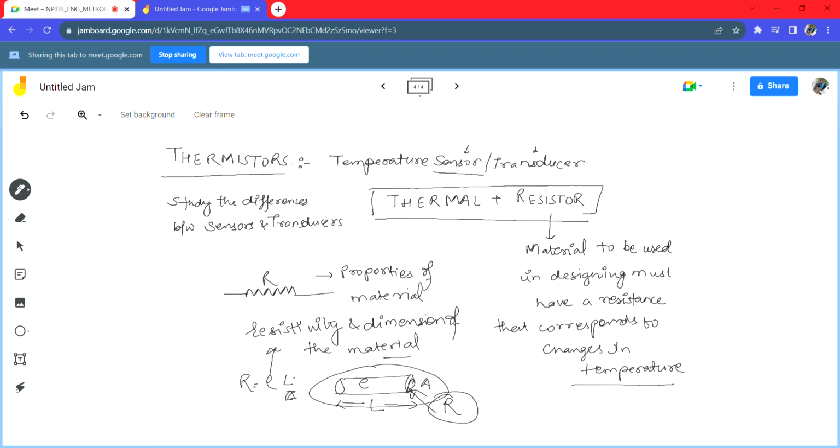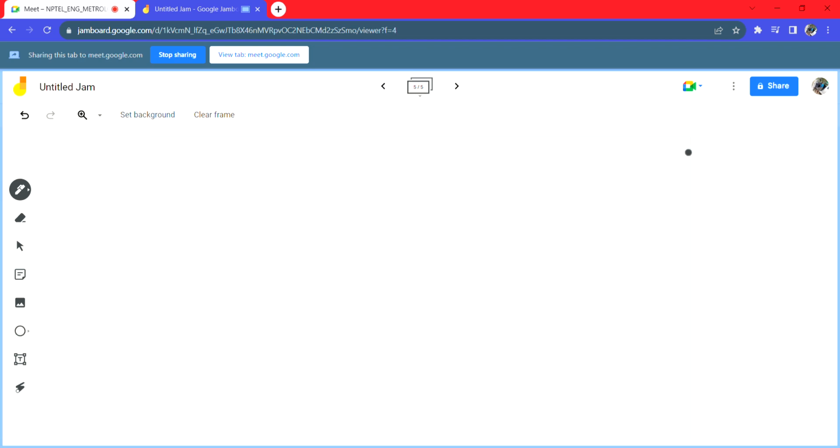Now, if I say that this length L is a function of temperature T, what will happen? We will see this figure again here.